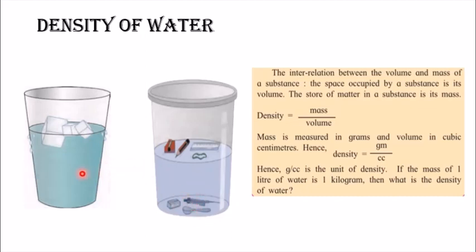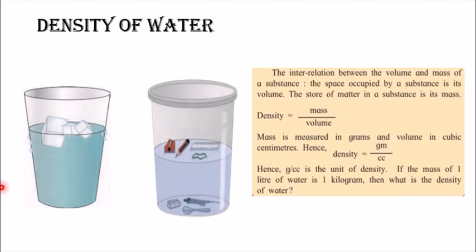Now when you take ice and water, you will see that ice floats on water. Why does ice float on water? Because ice is lighter than water. When water freezes to form ice, it becomes lighter than the original liquid.